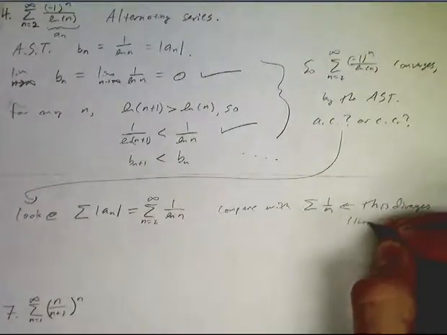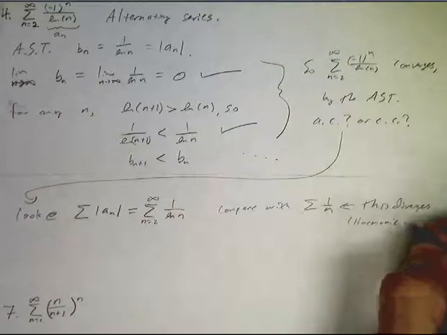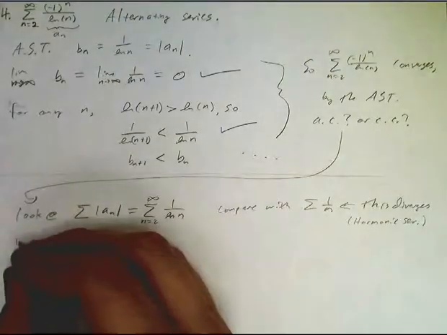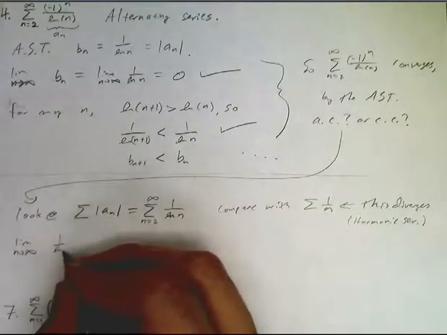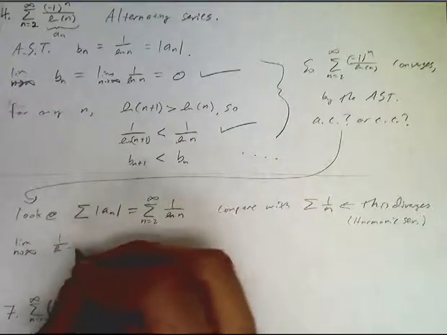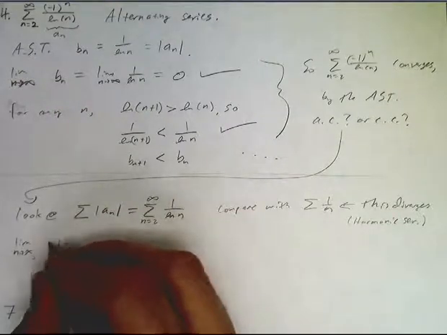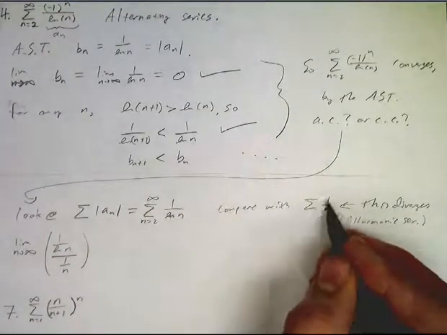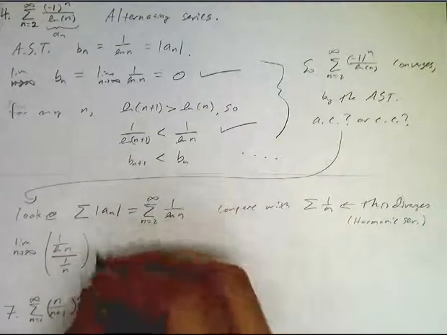It's the harmonic series, where we talked about why it diverges. I would try to do the limit comparison. So I want that divided by that. Take the limit of that.